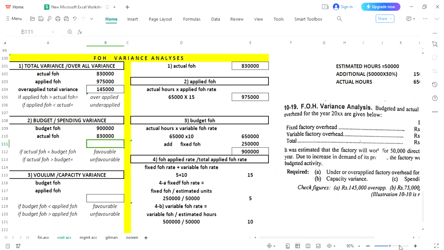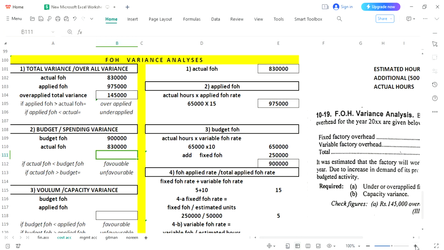And now it's time to calculate your variance. And how would you calculate your variance? By taking the difference of budget and actual. Budget was 9 lakh, and you will subtract actual FOH to calculate the difference. So here we have calculated the difference. It's time to see whether it is favorable or unfavorable. For this you will focus upon actual. Actual 83, budget 90.